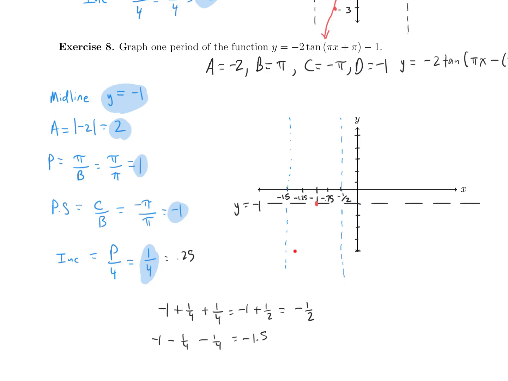So instead of going this direction, it's going to go the opposite direction. At this increment, we're going to go up 2 values because that's your a. So 1, 2. That value would be 1. And then if you go down 2, it'll be 1, 2, which is -3.